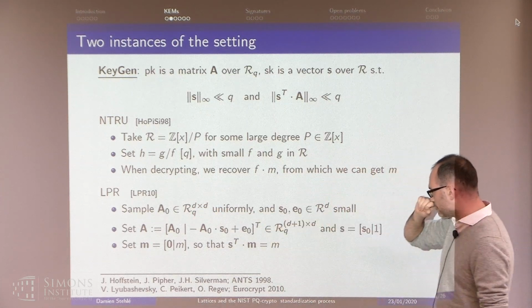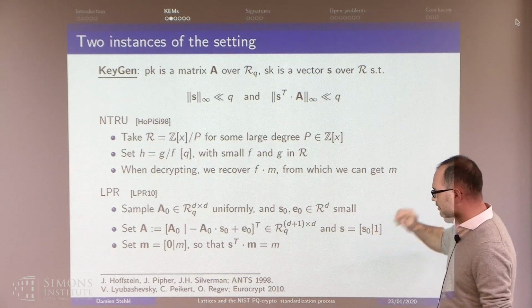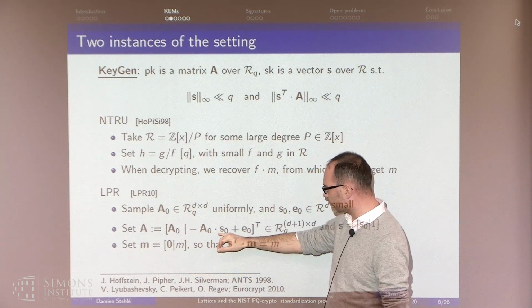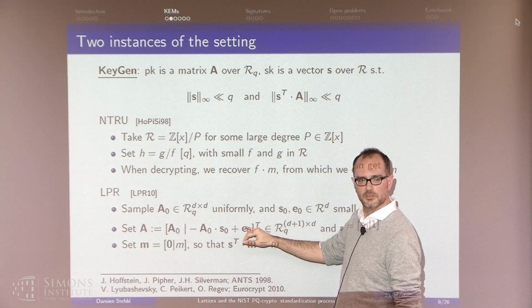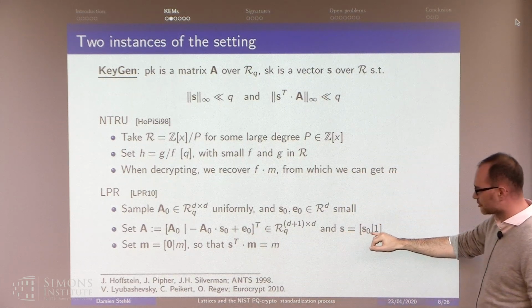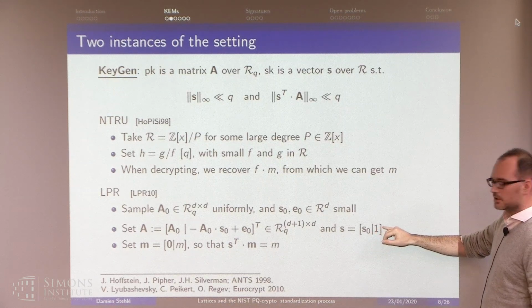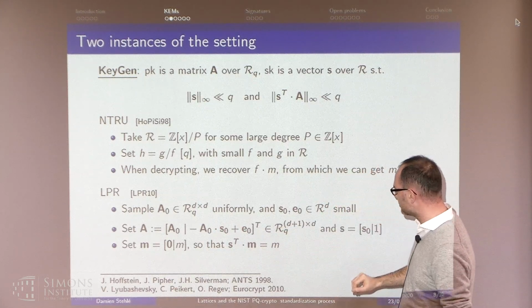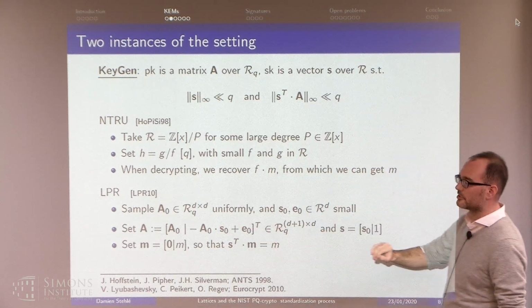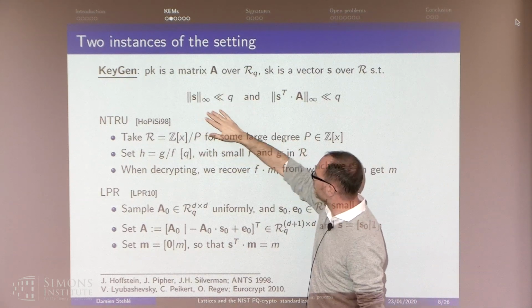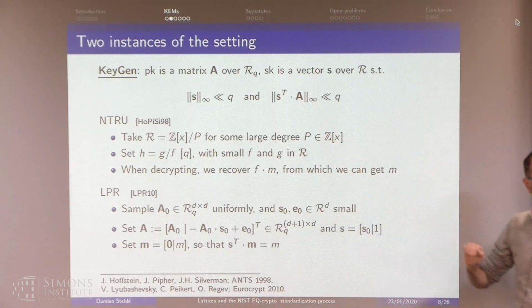So this matrix is uniform, and then we sample S0 and E0 small, and we set A to be A0 concatenated with minus A0 S0 plus E0. Okay, and we observe that when we multiply by this vector S, which is S0 concatenated with 1, S transpose times A cancels out, and we essentially recover the noise. So we indeed have an A and an S, which is small, such that S^T A is also small compared to Q. Okay, so that's another way to do it.